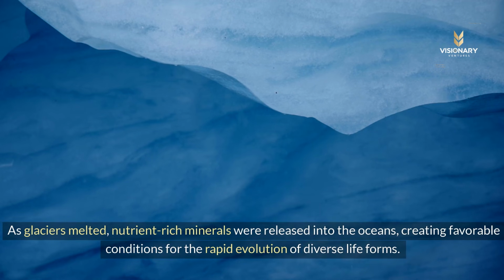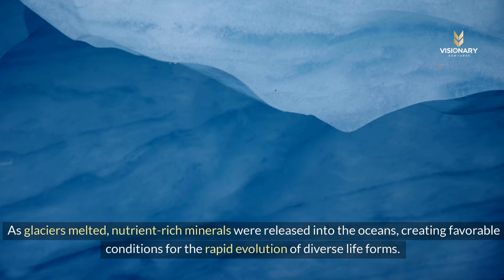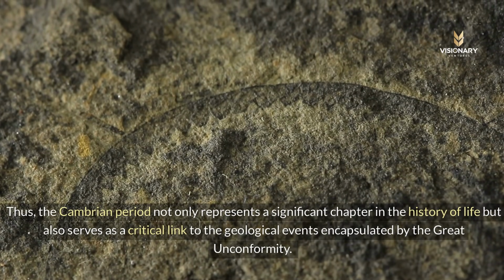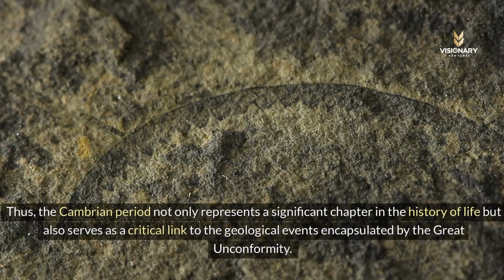As glaciers melted, nutrient-rich minerals were released into the oceans, creating favorable conditions for the rapid evolution of diverse life forms. Thus, the Cambrian period not only represents a significant chapter in the history of life, but also serves as a critical link to the geological events encapsulated by the Great Unconformity.